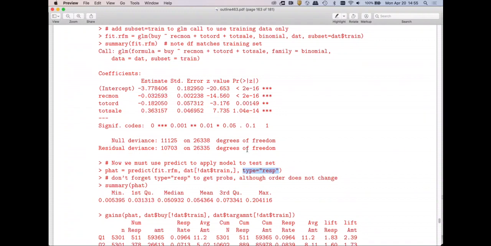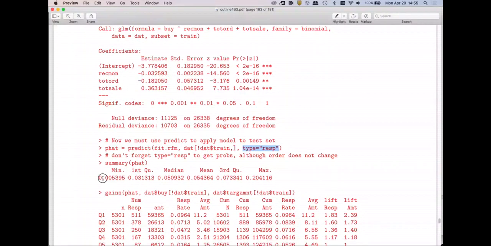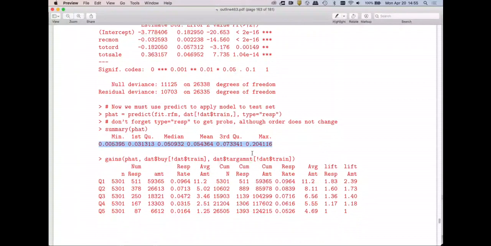So let's get predicted probabilities as opposed to the predicted eta values, the linear predictors. Notice these p hats are all between 0 and 1. These are predicted probabilities. And we can make our gains table using the not training set, otherwise known as the test set. And so now we have an honest gains table as opposed to an optimistic one based on the training data.